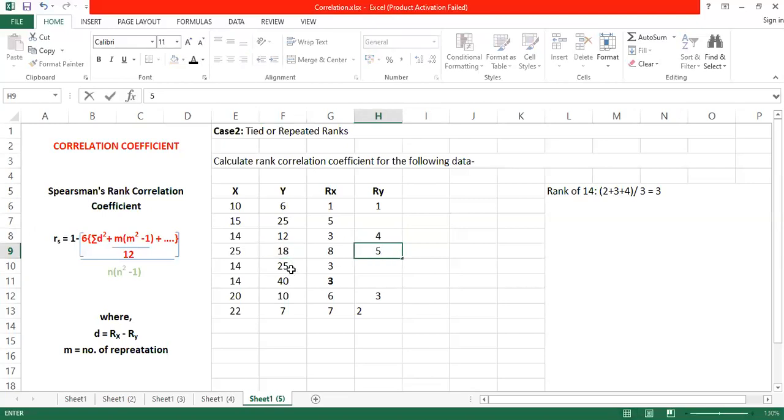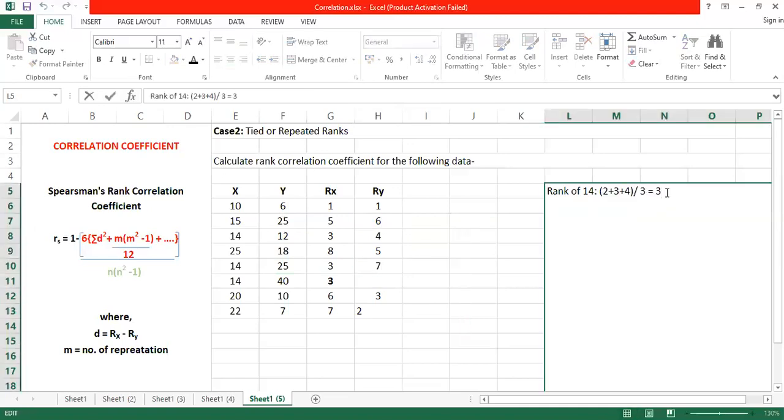After 18 it is 25. Here also 25, right? That means 25 I'm mentioning as 6, and here I'm mentioning it as 7, right? But since two 25s have been ranked differently, we need to calculate the rank of 25.